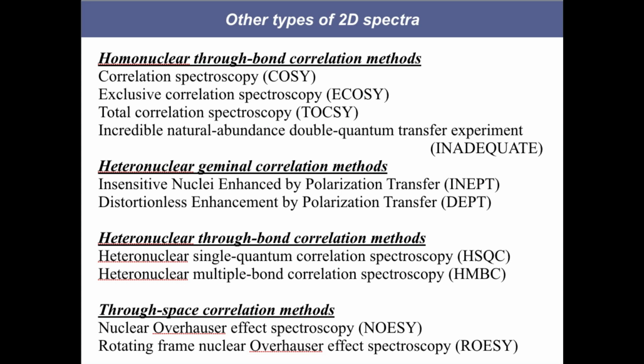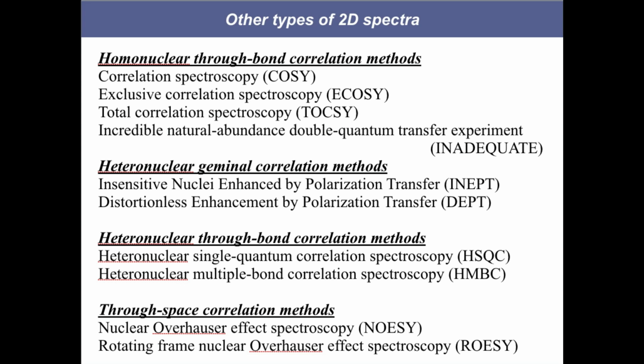There's another method called exclusive correlation spectroscopy, which instead of COSY, they call eCOSY. There's another type called total correlation spectroscopy, which they call TOCSY. My favorite one is incredible natural abundance double quantum transfer experiment, which they call INADEQUATE.